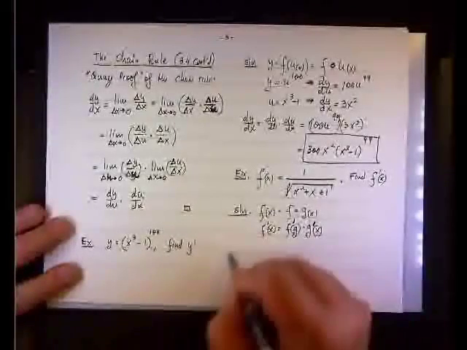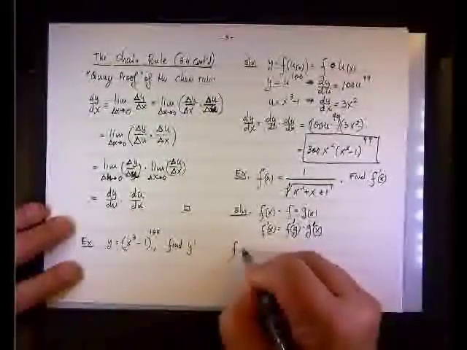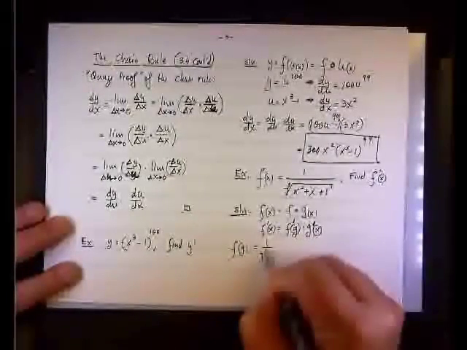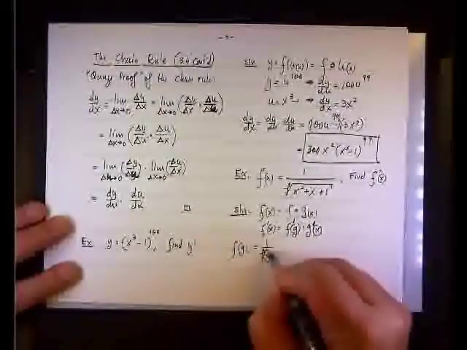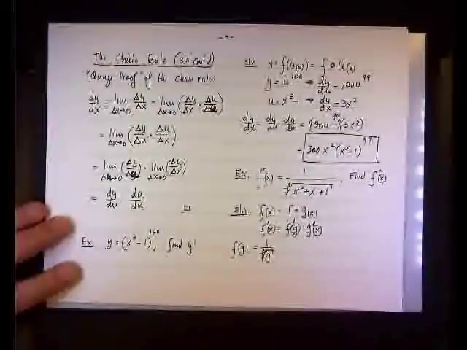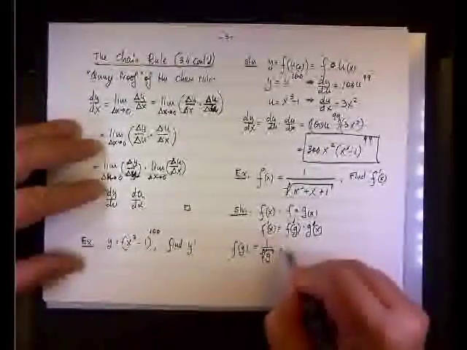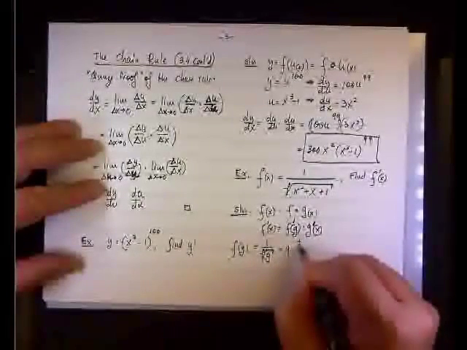Now, let's identify the functions f and g. F as a function of g is simply 1 over the cube root of g, if we let g be the radicand. I can write it also as g to the power of negative 1/3.